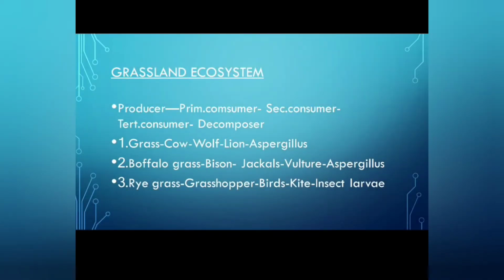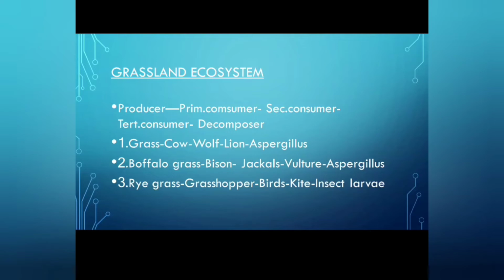Now we are going to study some examples of the food chain of the grassland ecosystem. The first point mentioned is producer, primary consumer, secondary consumer, tertiary consumer and decomposer.